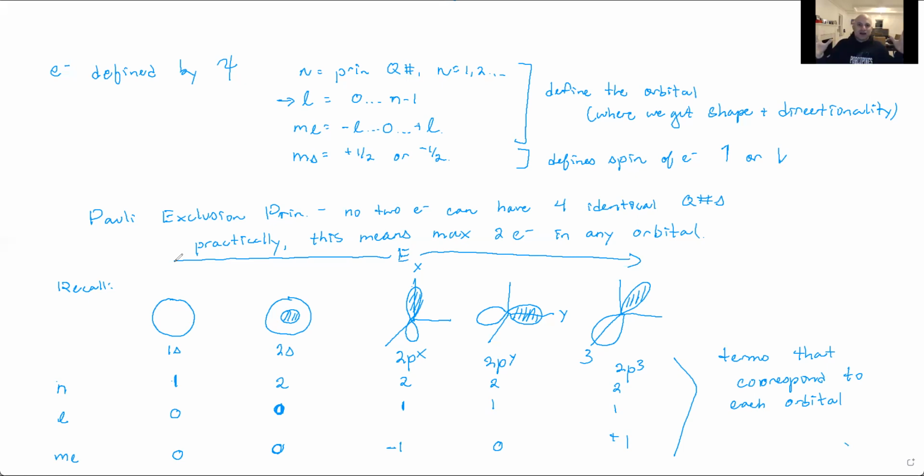Those states have defined energies. So maybe think about it in terms of riding an elevator, right? The higher you go, the more energy you have, the more energy it takes, right? And you can get off at the first floor, the second floor, the third floor. You can get off at the 1s orbital, the 2s orbital, the 2p orbital. You can't get off in between floors, right?